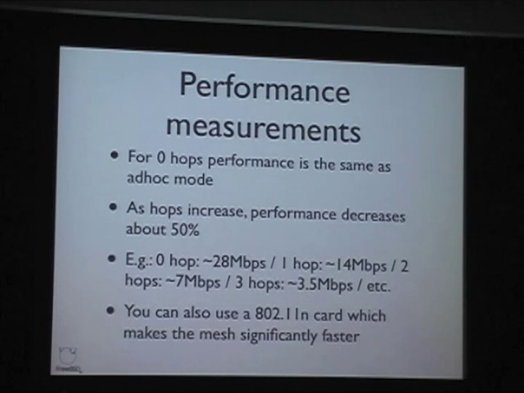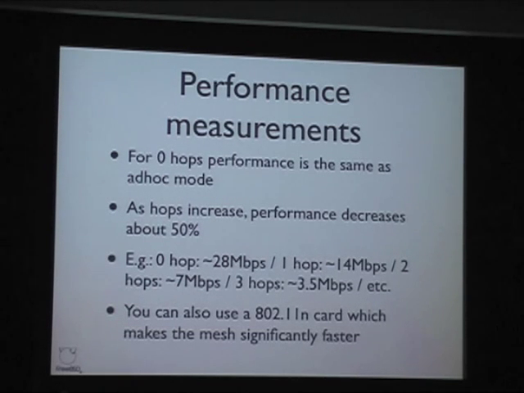So regarding performance, for 0 hops we have the same performance as ad hoc mode, and as a general rule the performance drops about 50% with the number of hops. This is an example.